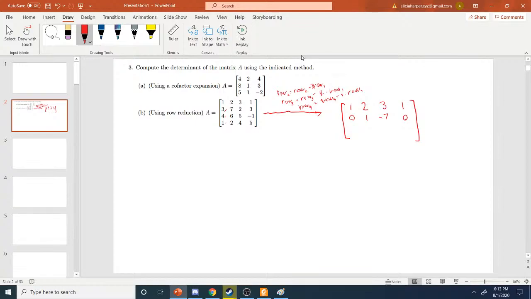Now down here, I'm going to have 0 and a 0, and I'm subtracting 4 times 2 from 6, so I'm going to have -2 here. And I'm subtracting 4 times 3 from 5, so I'm going to have -7 here, I think.